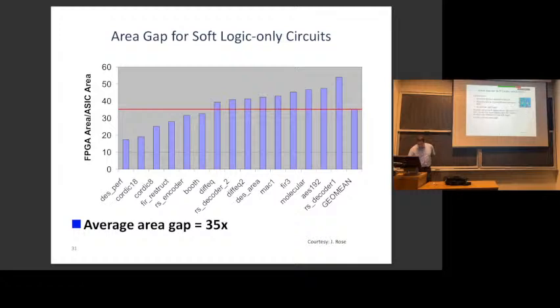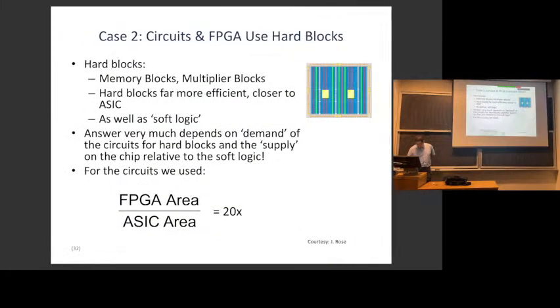And the speed gap, whoops, that's the area gap. Okay, I guess the order I did it in is this. If you use the hard blocks, though, it helps. So programmable logic and programmable routing are the least efficient part of an FPGA. They're essential, but they're the least efficient versus an ASIC. When you take a memory or a multiplier, they're a lot more efficient because the inside of them looks like an ASIC.